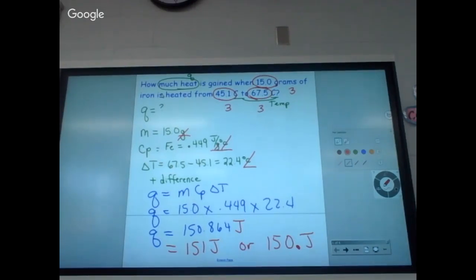No, they're not going to be on the exam. Questions like this on the exam just ask you to calculate Q. The answer would have been 150.8 or 151. There are no significant digits on the exam.